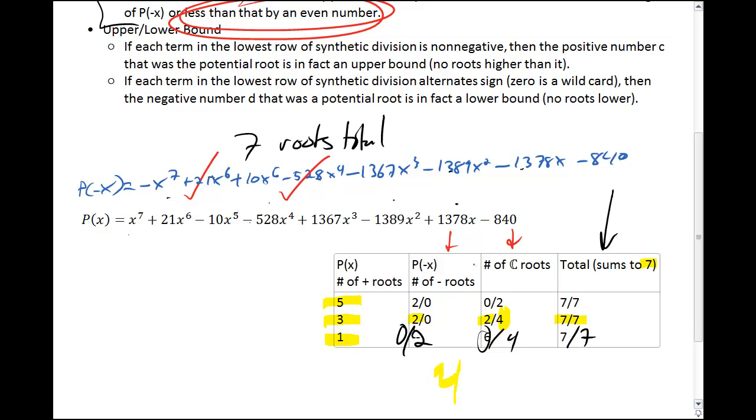The only possibility for my negative roots is 0 or 2, so I don't have a lot of playing room there. If I only have 1 real root that's positive, I don't know much about whether my negative roots are going to be 0 or 2 still, but I do know that I'm guaranteed at least 4 complex roots.